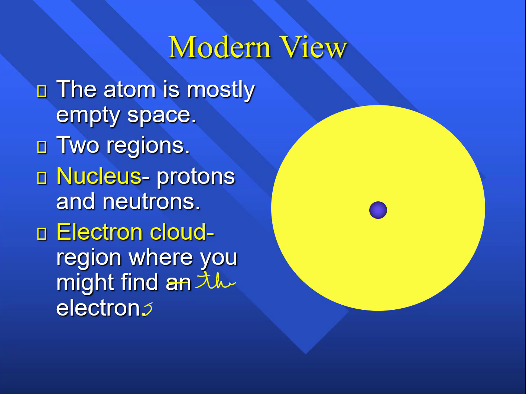If that cloud is a probability, is it the same for every atom? Nope. Different atoms have different clouds, and that's the next unit. So we're going to do the nuclear stuff, and then the next unit is going to focus on those electrons and see how they are structured. Because how they're structured leads to properties, which is what none of our models have explained any chemistry yet.